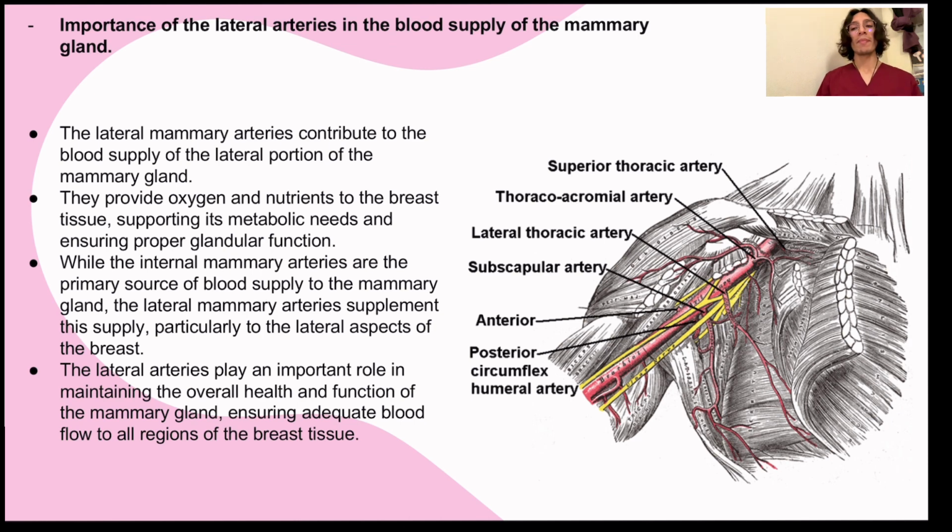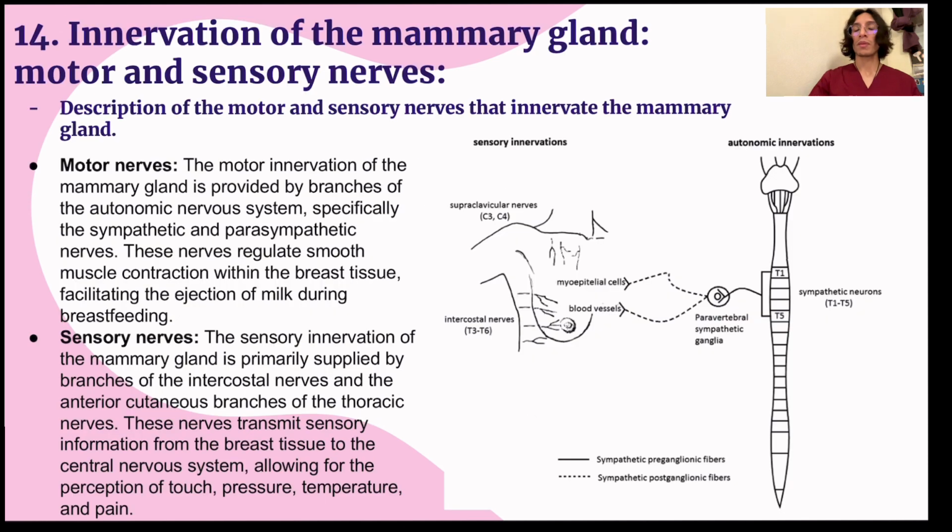While the internal mammary arteries are the primary source of blood supply to the mammary gland, the lateral mammary arteries supplement this supply, particularly to the lateral aspect of the breast. The lateral arteries play an important role in maintaining the overall health and function of the mammary gland, ensuring adequate blood flow to all regions of the breast tissue.